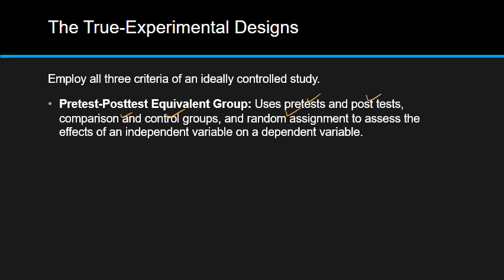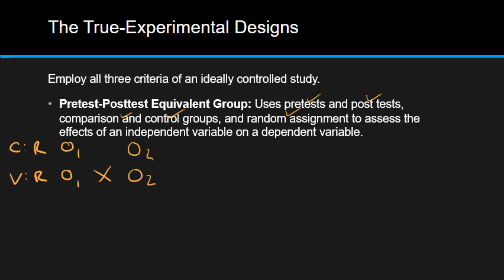So here's how it would look in notation. So you have your control group, randomly assigned. And then you would at least have one pre-test, and then you would have one intervention at least, and then one post-test. All right?